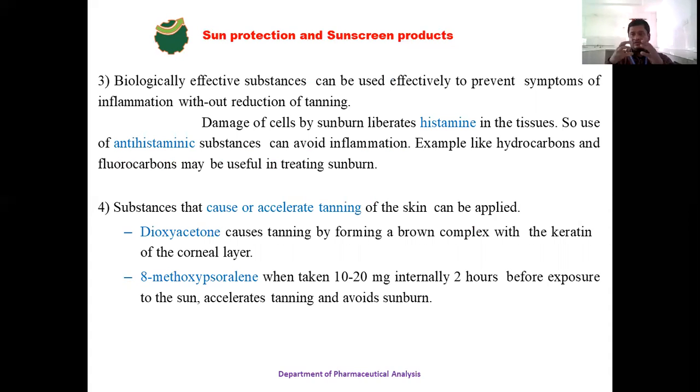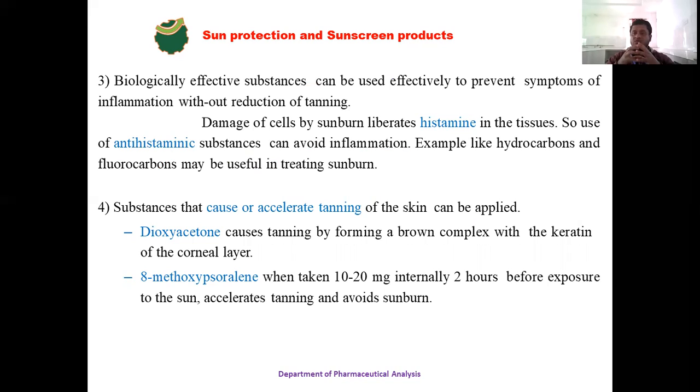Okay, the fourth one is accelerating the tanning. You know that whenever melanin production increases, or there is more synthesis of melanin or hyperpigmentation, there is more protection for the skin, because melanin is a natural pigment which mainly protects our skin from sunburn or from the harmful effect of the sun.